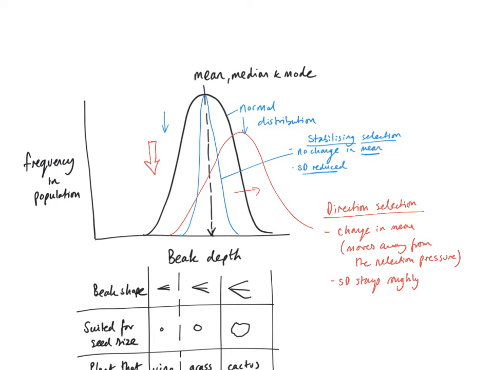I know on my diagram, my curve's gone slightly broader, therefore signifying a larger standard deviation, but it's roughly the same when I'm comparing it to the black line. The maximum frequency is less now as well for some reason, just because of my drawing. So yeah, there are two types of natural selection: stabilizing and directional.